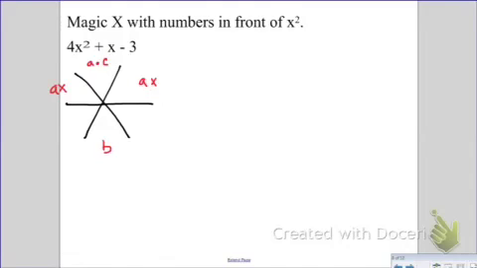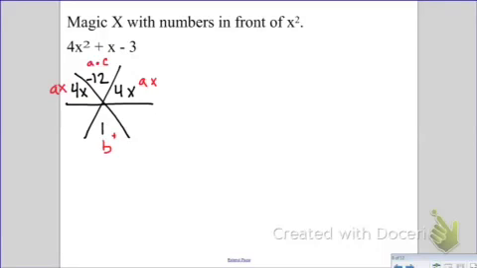So now let's start filling in the information. Ax is going to be 4x. A times c is 4 times negative 3, which is negative 12. And our b is 1. So we still work on that same process.